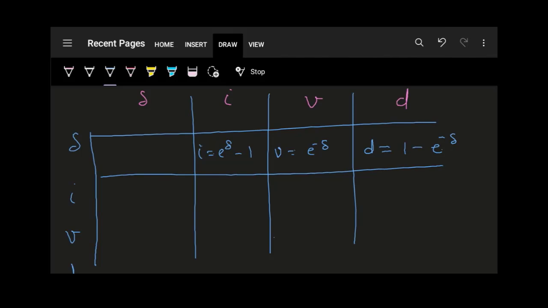The value of delta in terms of i is delta equals log of 1 plus i. Similarly, the value of v in terms of i, we have learned this so many times, is 1 plus i to the power minus 1, and the value of d in terms of i is i upon 1 plus i.